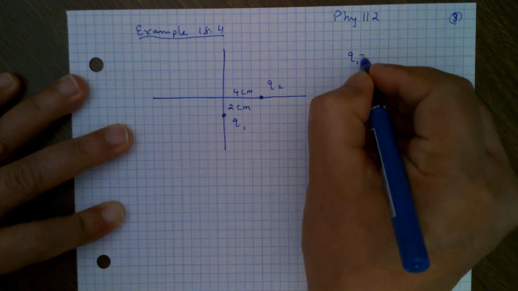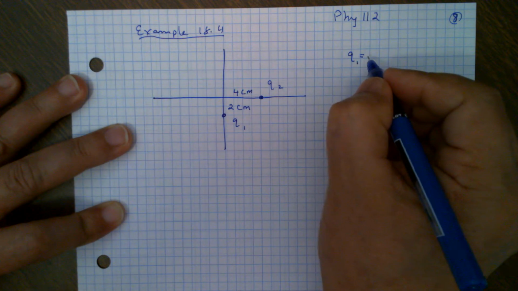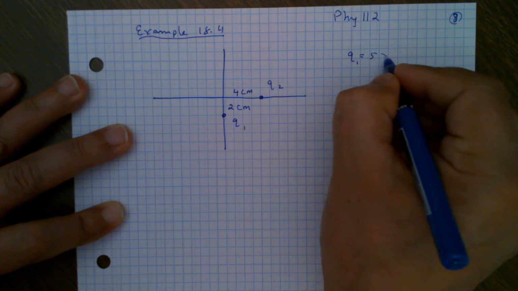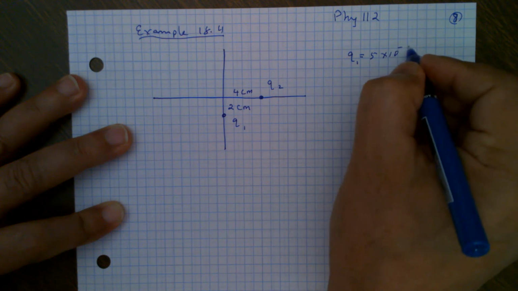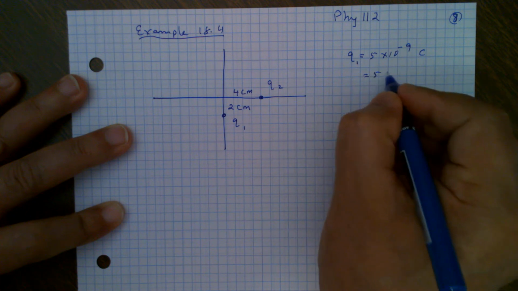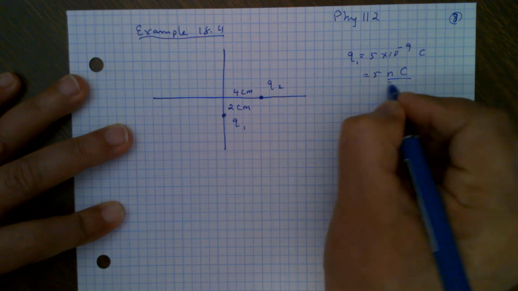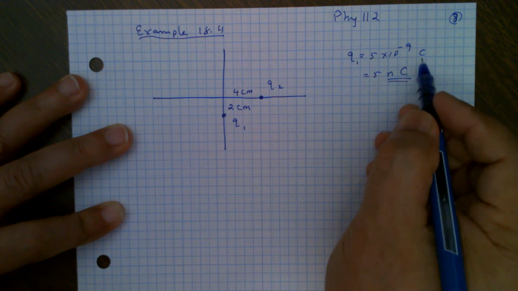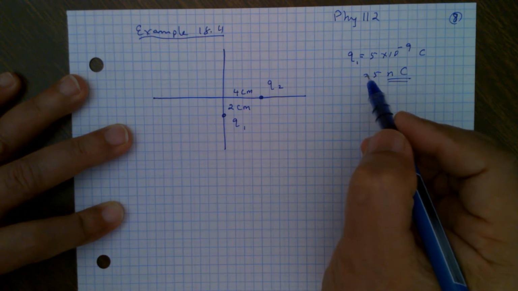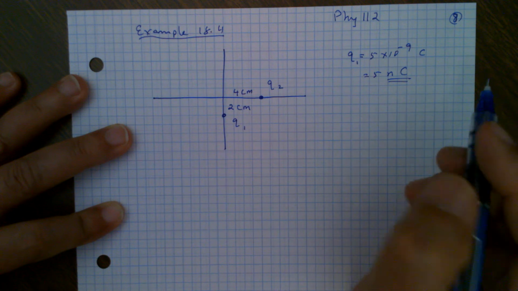Q1 is 5 times 10 to the power minus 9 coulomb, because it was given as 5 nanocoulomb. But we have to use the units coulomb so that the electric field will come out with newtons per coulomb, with the correct unit, right?